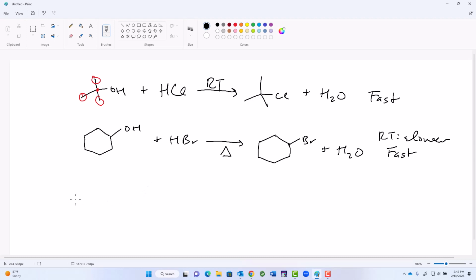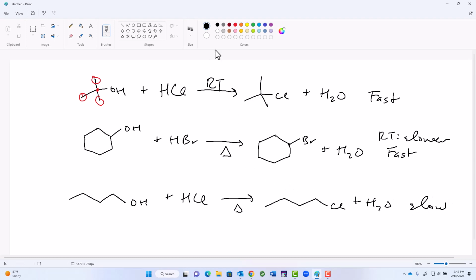Now instead, if we take a primary alcohol, say n-butanol, and we add HCl to the reaction, and we heat it because we already know it's going to go slow, we would do some amount of substitution to generate the alkyl chloride and an equivalent of H2O, but this would be slow.